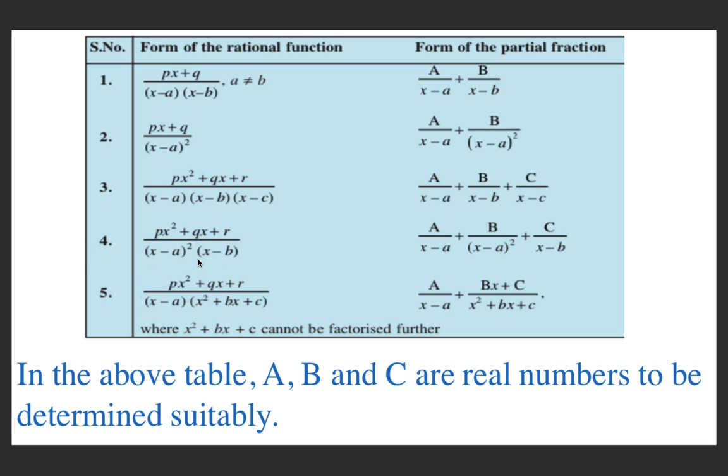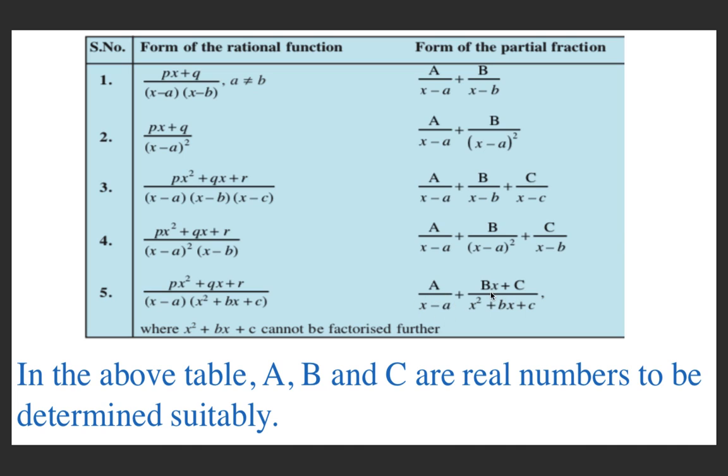And if the rational function is of the form (px² + qx + r) upon (x - a)(x² + bx + c), then we write it as A upon x - a plus (Bx + C) upon (x² + bx + c). Whenever we have a quadratic factor here, then we write it as Bx + C, some constant times x plus a constant. This is the case when we have a quadratic factor in the denominator. For the linear factor, we know that we write A upon x - a.